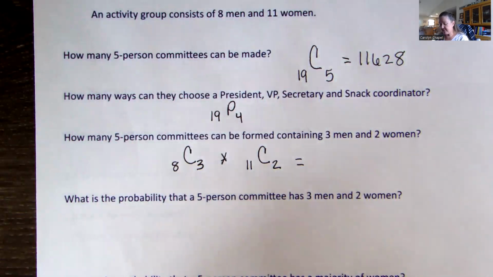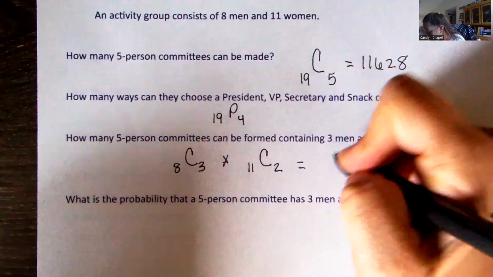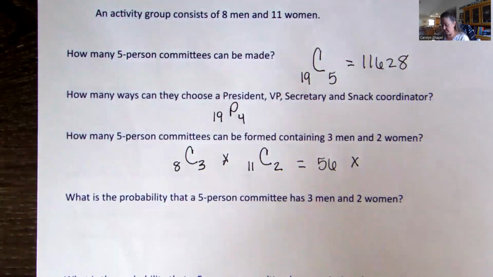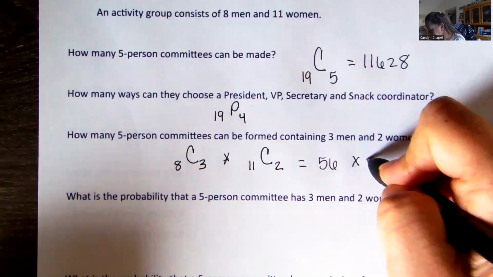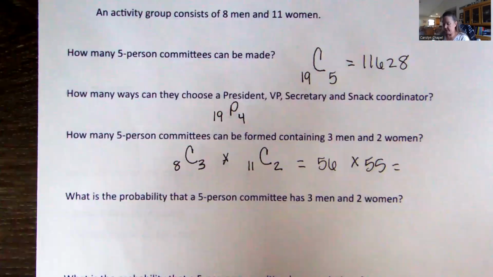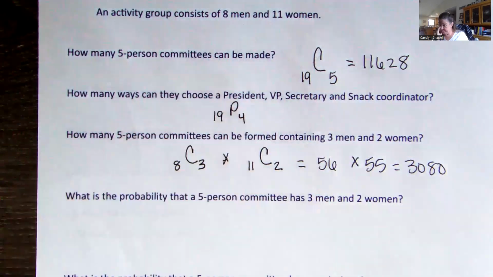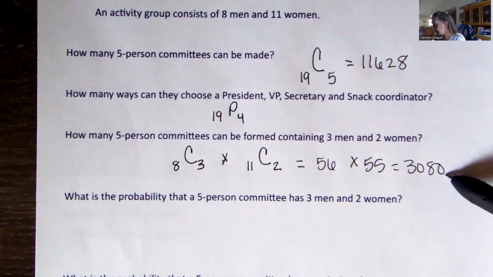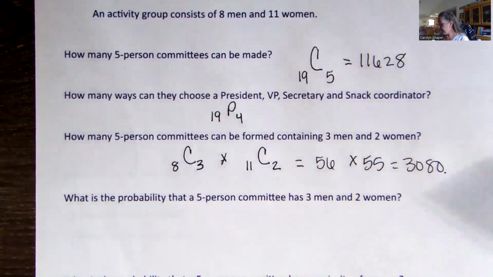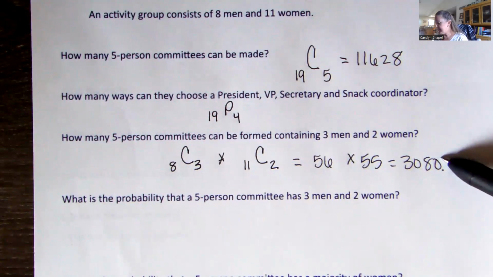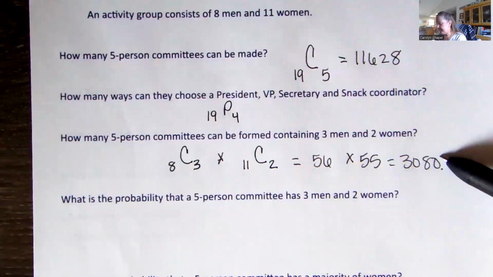And a lot of times it's easiest just to get those values, write them down, or depending on your calculator, which may be a little bit more advanced than mine, to get our pieces. Okay, so there we go. That we have 3,080. And this was our 5-person committees. Notice it's a few less because we're taking out all the other possibilities.